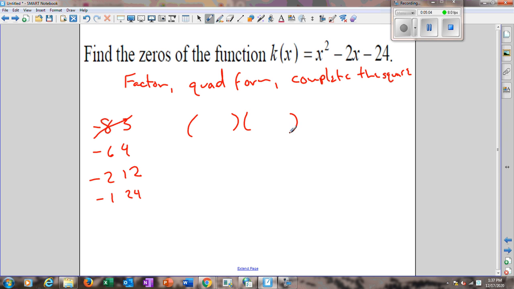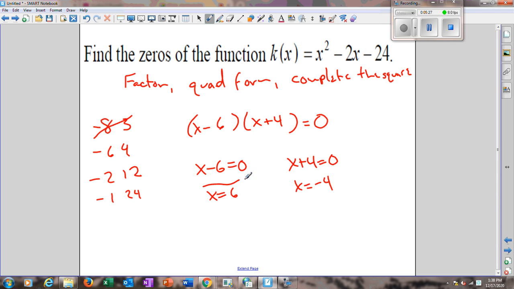So I know it's negative 6 and 4. x minus 6 and x plus 4. Break them up, set them both equal to 0. That gives me x equals 6 and x equals negative 4. And those are my two answers.